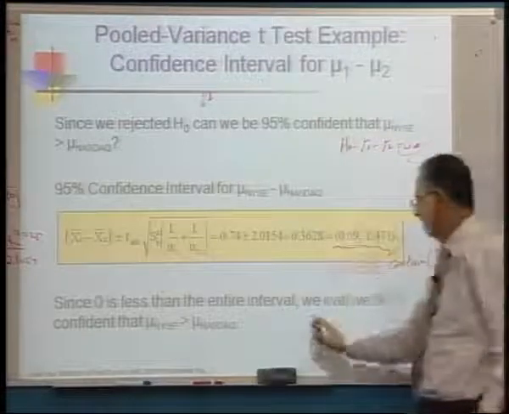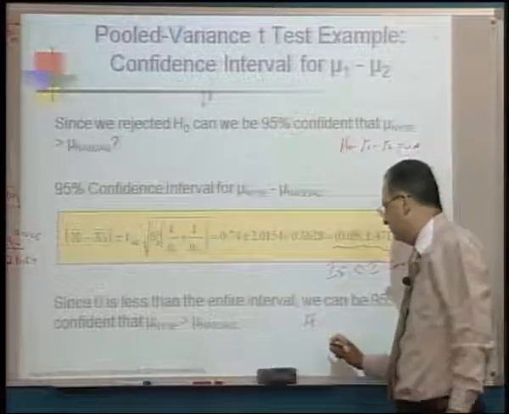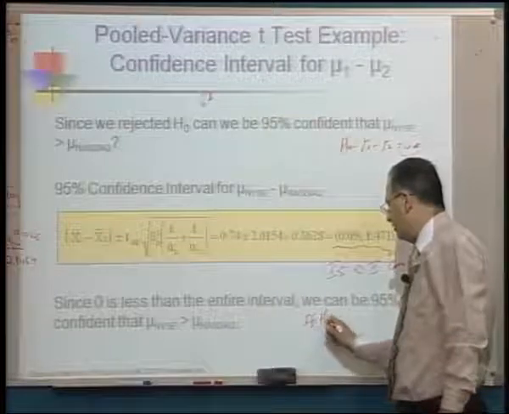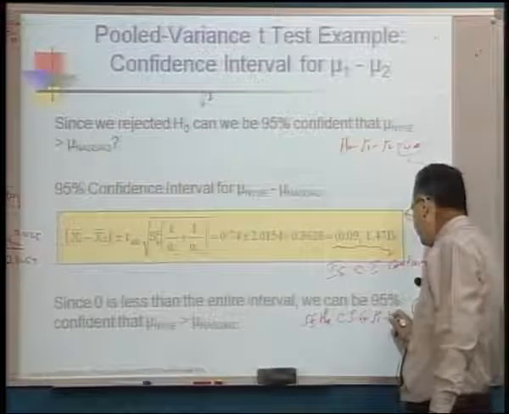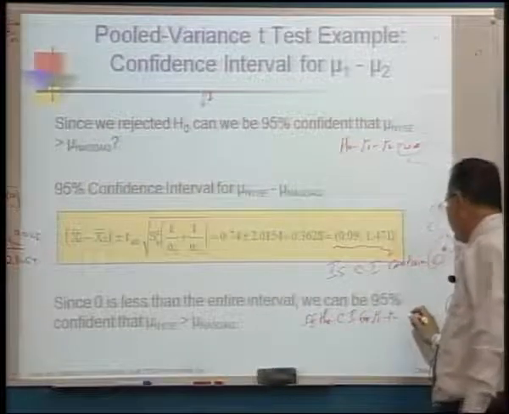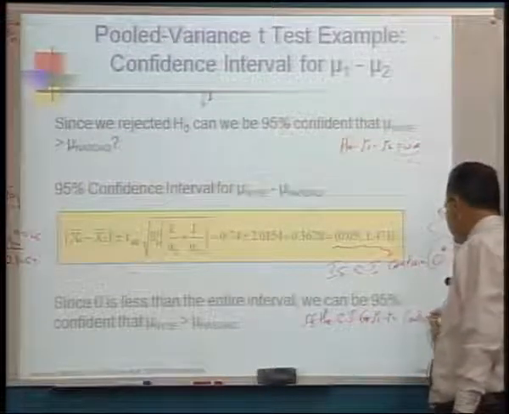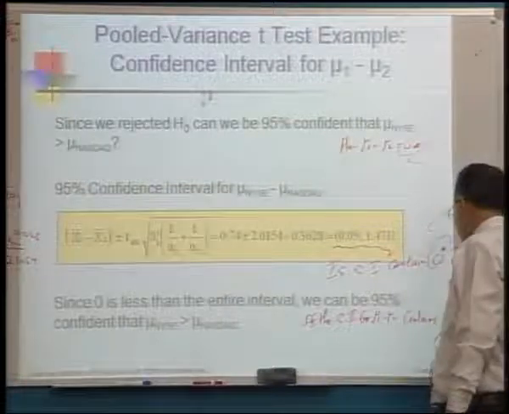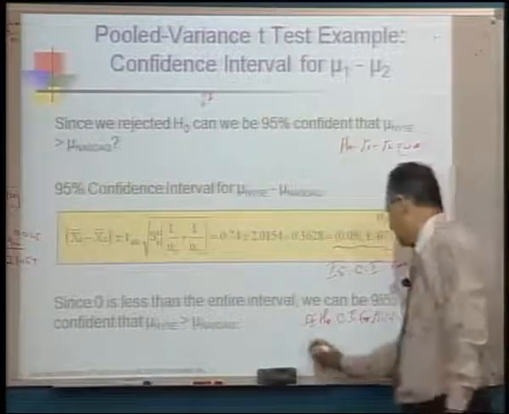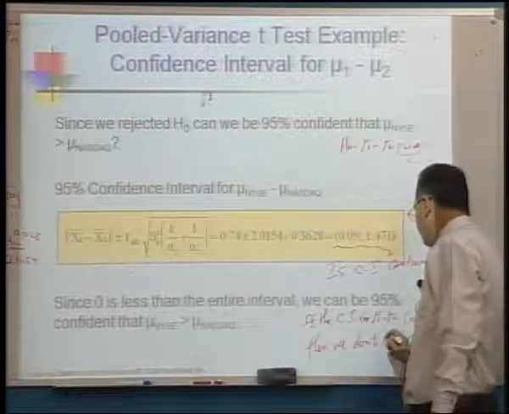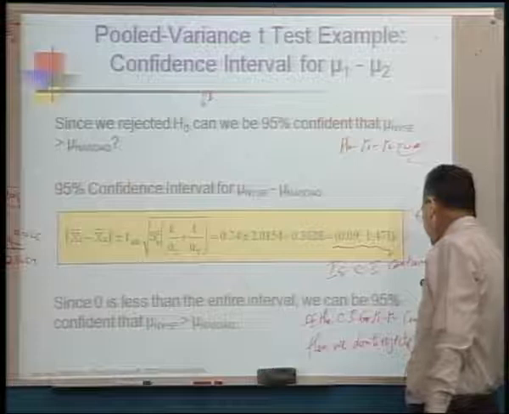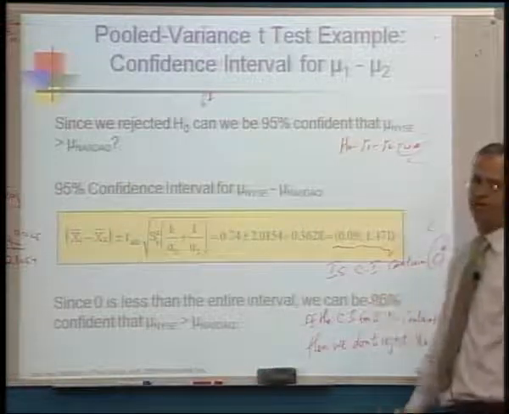The rule of thumb is, if the confidence interval, in this case for mu1 minus mu2, contains 0, then we don't reject. Otherwise, we have to reject.